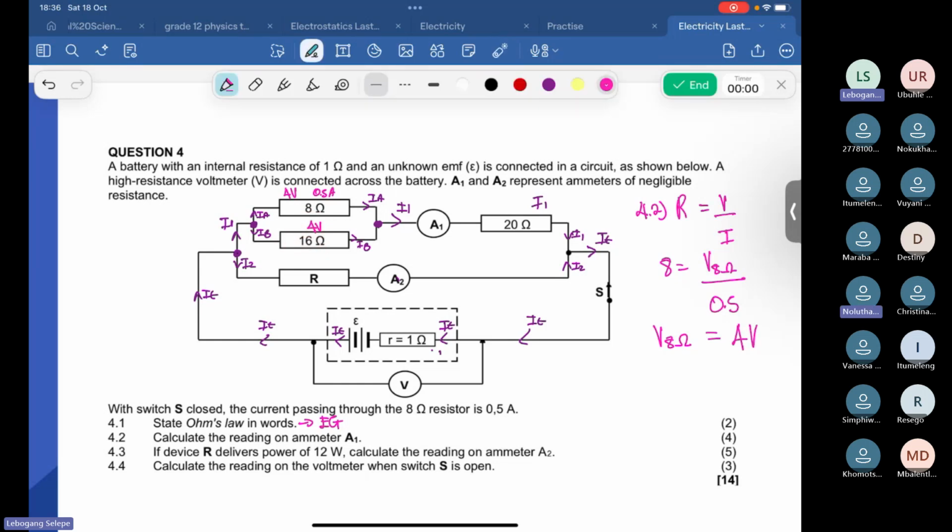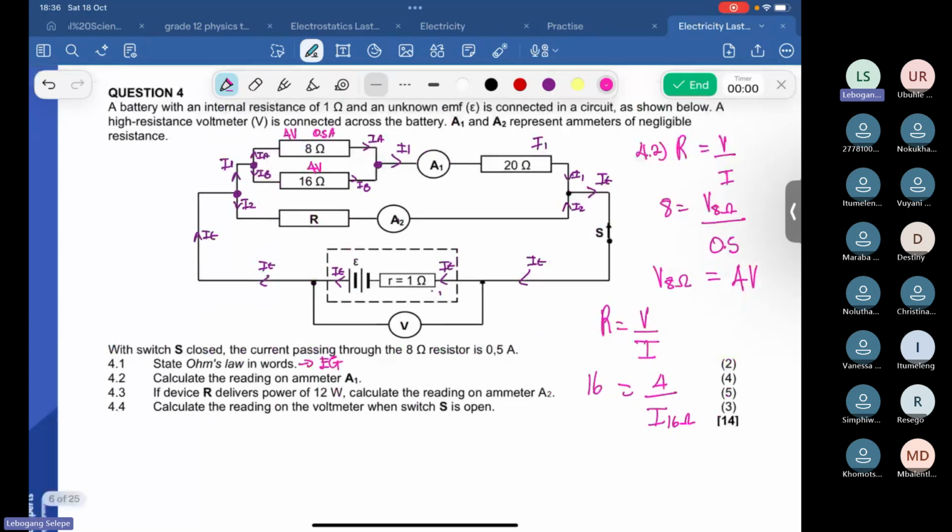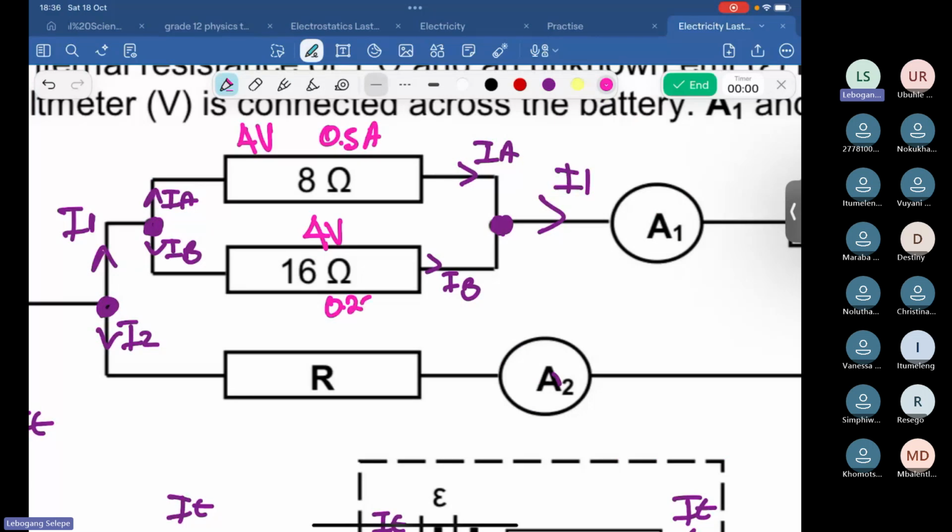Resistance is equal to voltage over I. The resistance is 16 equals the voltage across the 16 ohm resistor, 4, over the current across it. What did you find the current to be? 0.25 A. So the current here is 0.25 A.